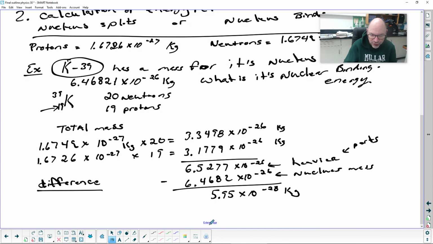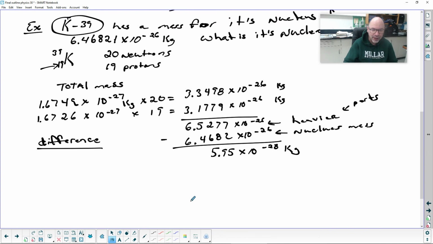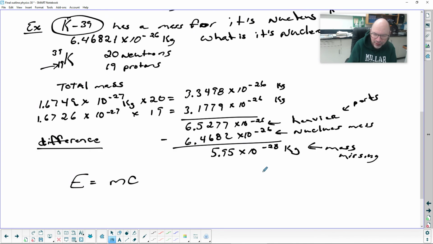Then we convert it using Einstein's equation. This is our missing mass, or our mass defect, and that gives this energy. Remember that c squared is equal to 9.0 times 10 to the 16 meters squared per second squared, and you're going to end up with joules, because meter squared per second squared times kilograms is a joule of energy.